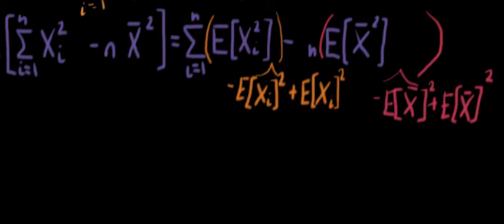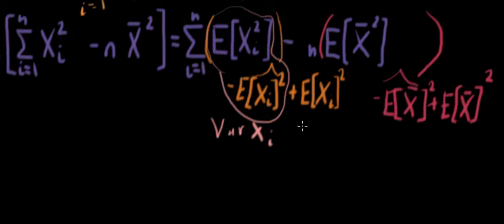So notice that what I am highlighting here is actually just the variance of Xi. And we know that the expected value of each Xi is mu, so that is actually mu squared.